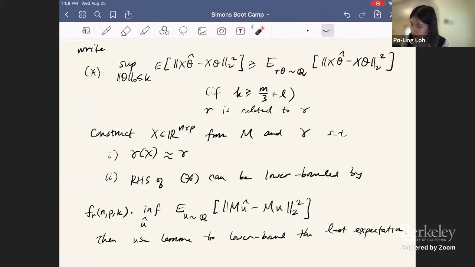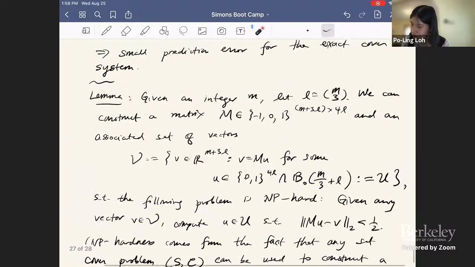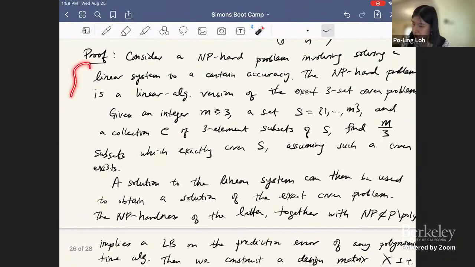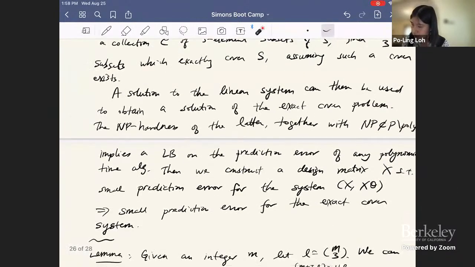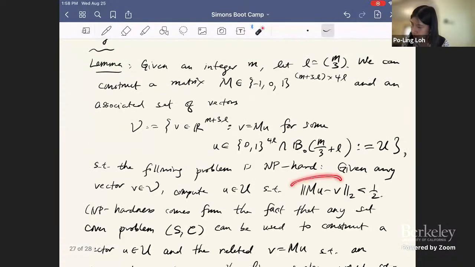Okay, so that's what I wanted to say about this proof. Just to review, the main steps, as I had outlined up above, were to look at this NP hard problem of the exact cover problem, to turn it into a linear system. And the linear system looks like this. So we solve the problem of mu minus v up to a desired accuracy. And because of the NP hardness of the exact cover problem, this problem has to be hard.